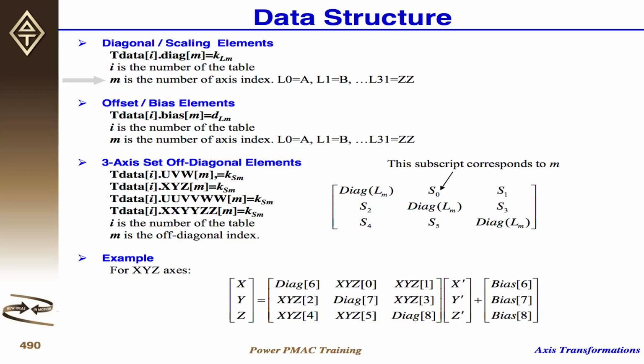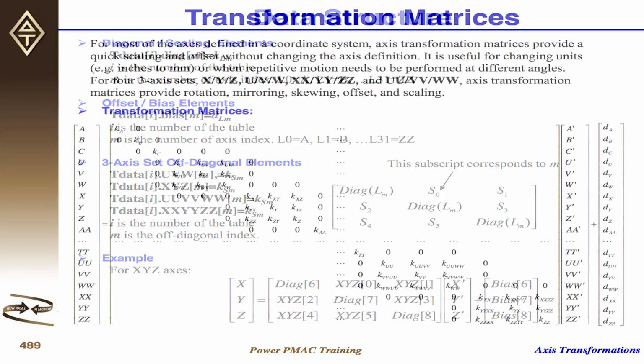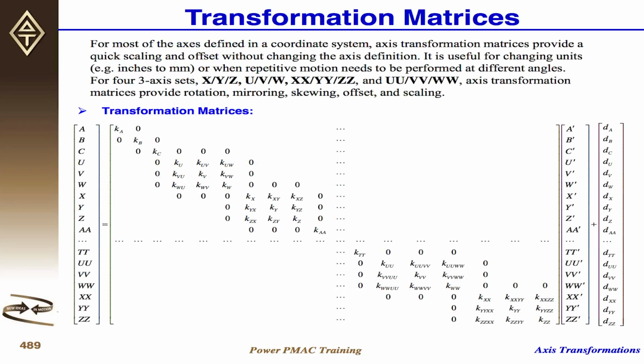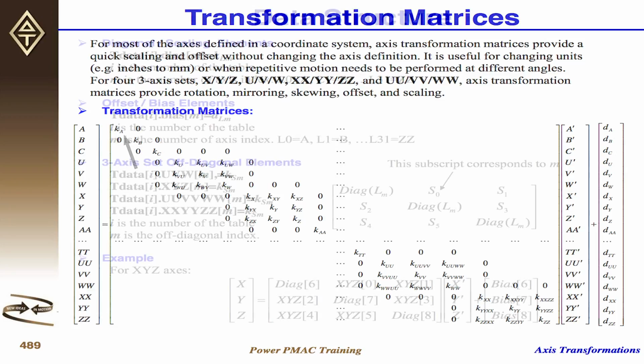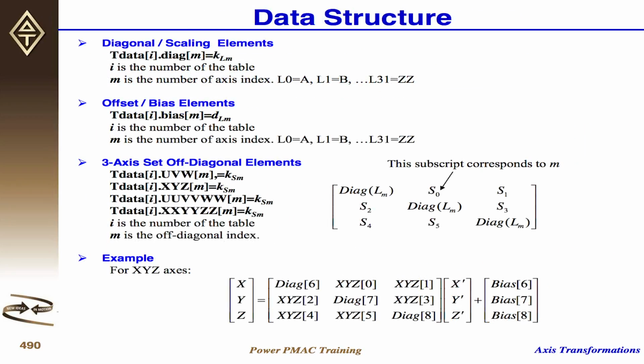M is the number of the axis for the index. Let's go back to the previous slide so you can see that. You can see that the indexing that we have for the diagonal, we call Ka, Kb, Kc, and so on and so forth. This A represents, in here, the index 0.